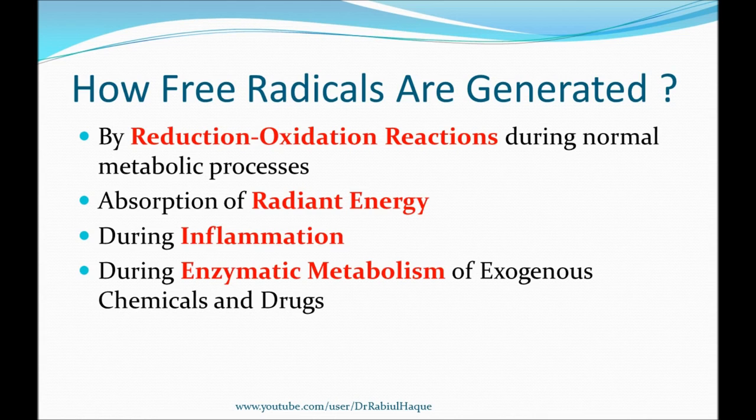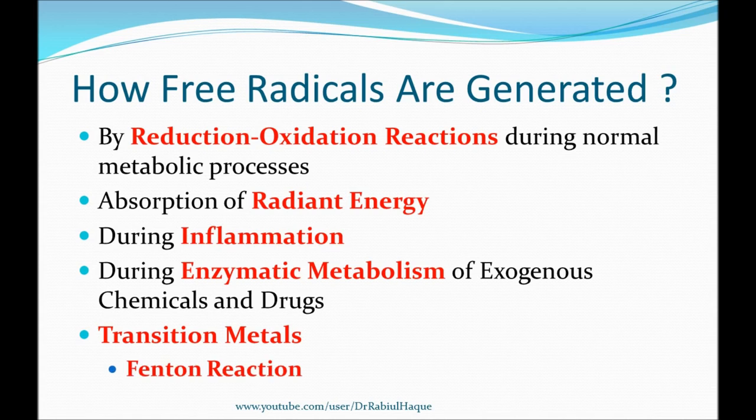The next mechanism of free radical generation includes transition metals, for example iron and copper. These transition metals either donate or accept free electrons during various intracellular reactions and catalyze the formation of free radicals. Now we will talk about the Fenton reaction. Recall we mentioned the Fenton reaction when we were talking about generation of hydroxyl free radicals previously.